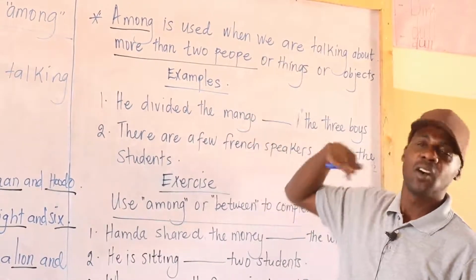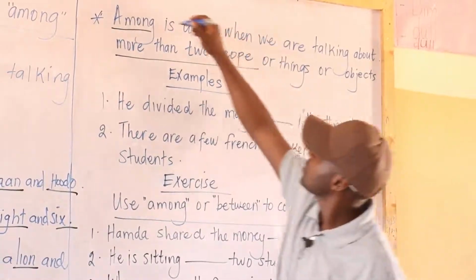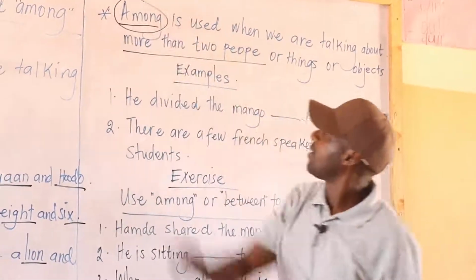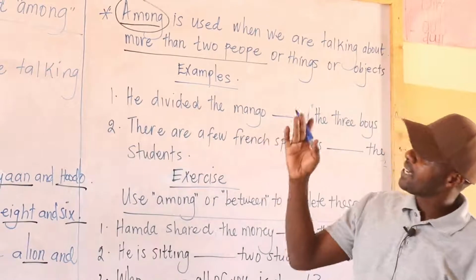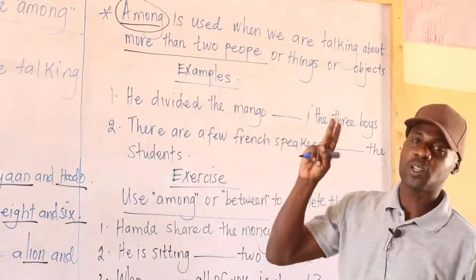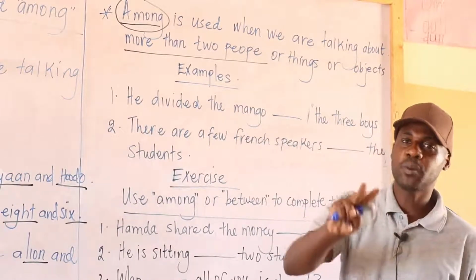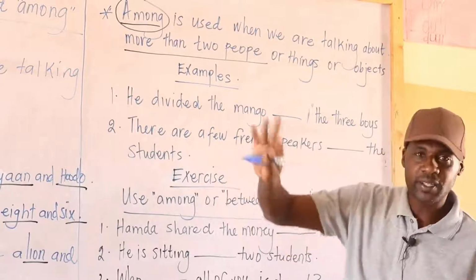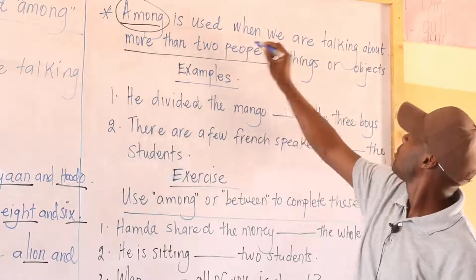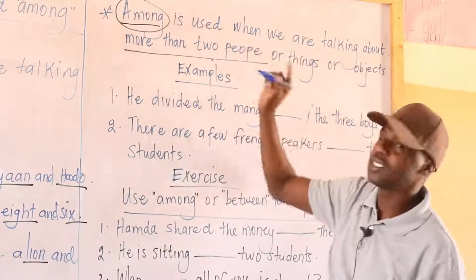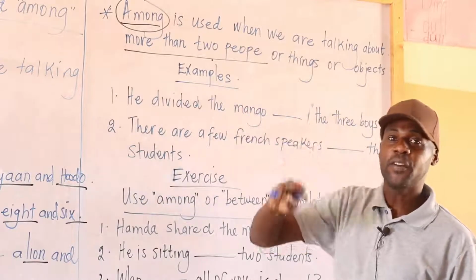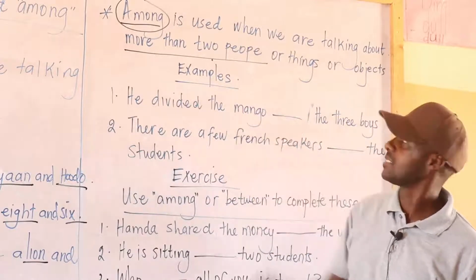From 3 onwards, we use among. Remember I said between, we use it when you're talking about two things, two people, two items, two objects. Among is used when you're talking about more than two: 3, 4, 5, 6, 7, like that.